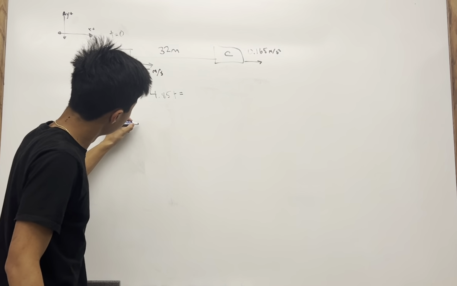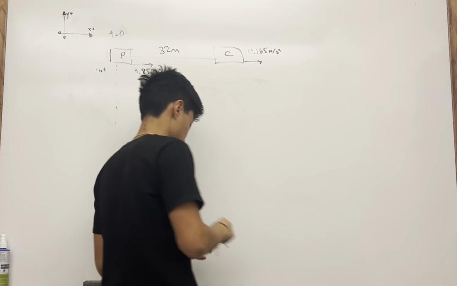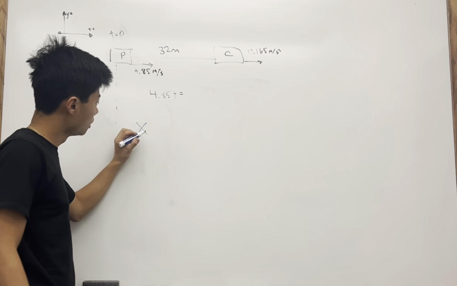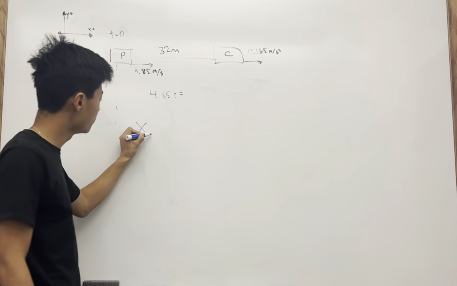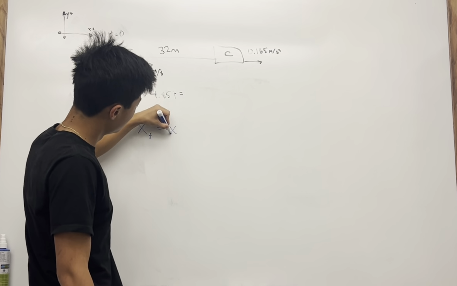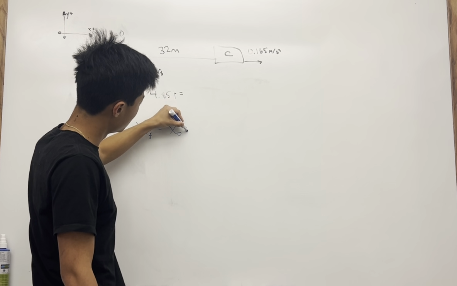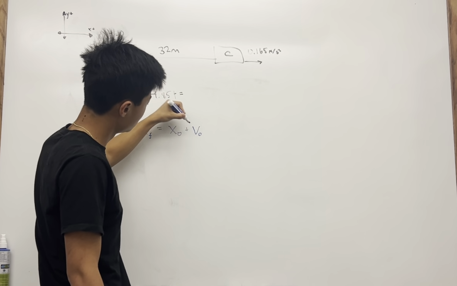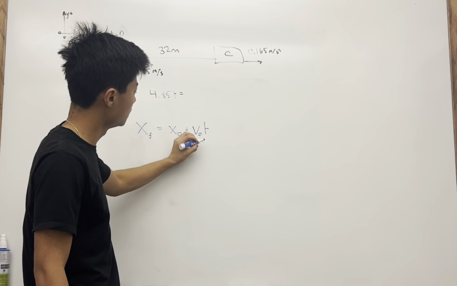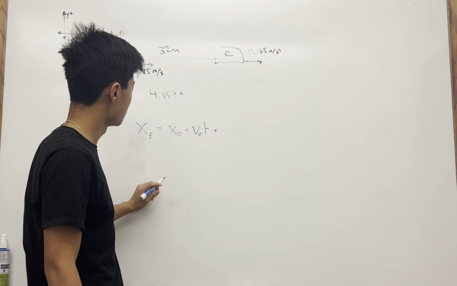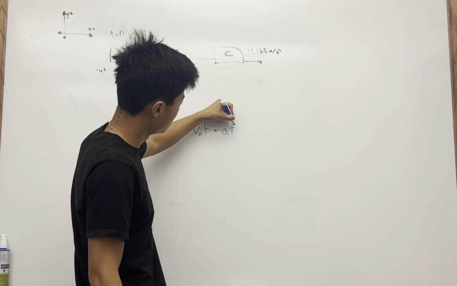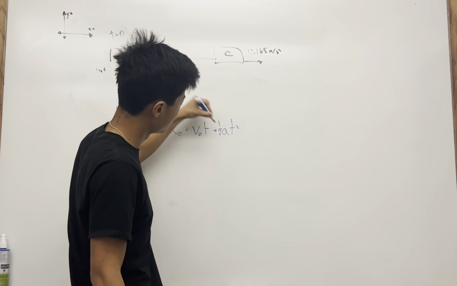The position at the end of a given time, we're going to call that x final, is equal to the initial position plus initial velocity, which here is 0 because at the start it's not moving, times t, plus 1/2 acceleration times time squared.